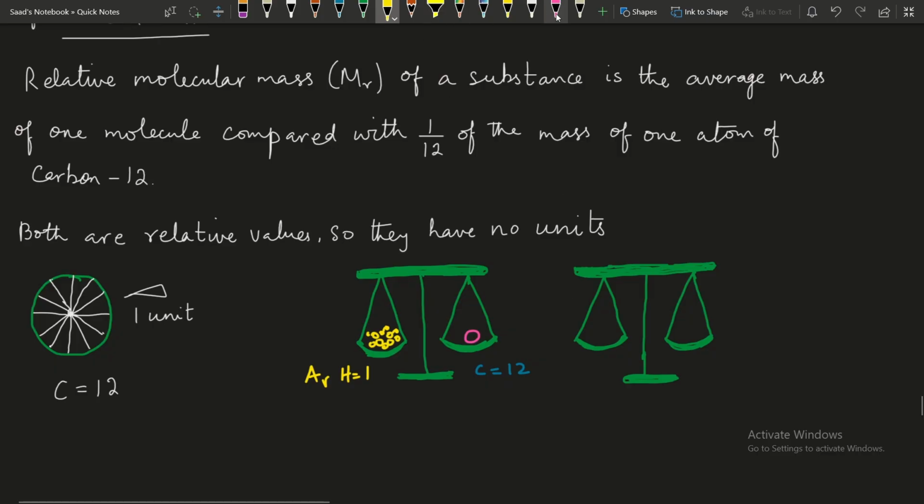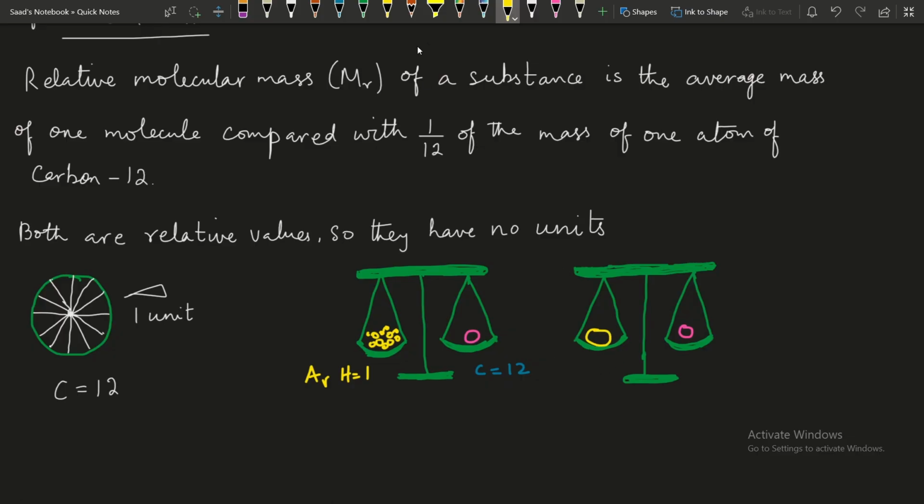All right. In the next example, we can take the example of, let's say, magnesium. Now here, if I just take one carbon atom and put magnesium over there, magnesium is heavier as compared to carbon.